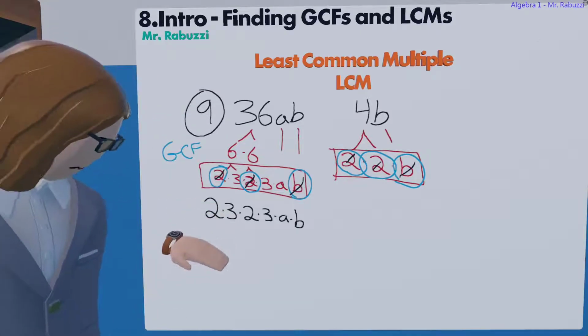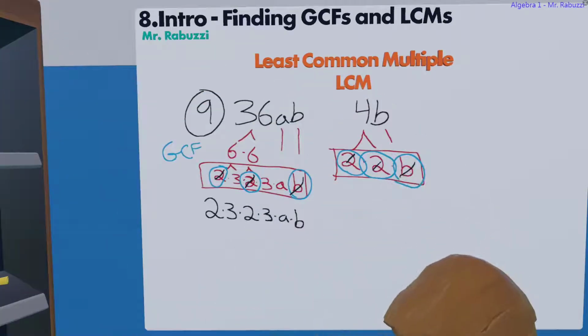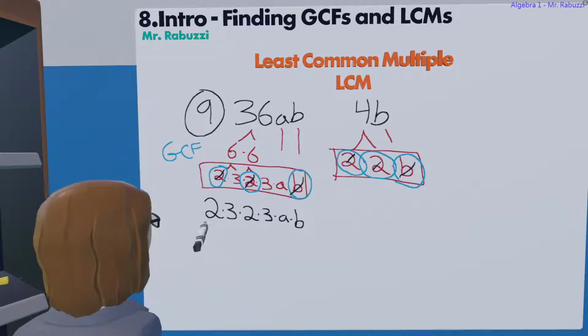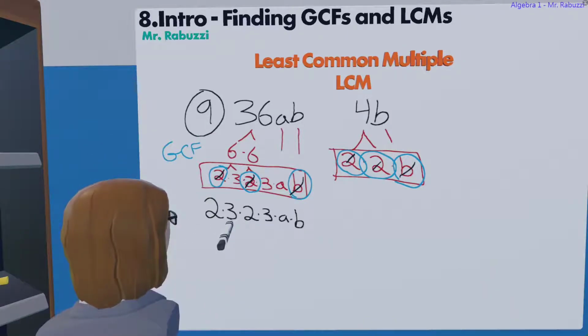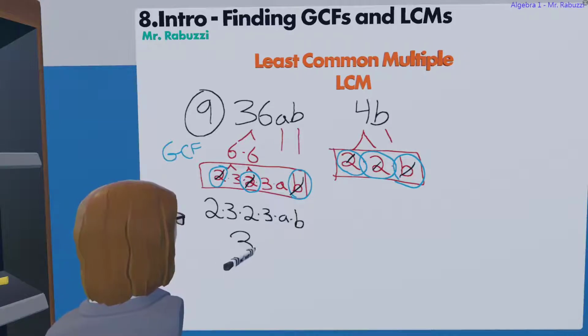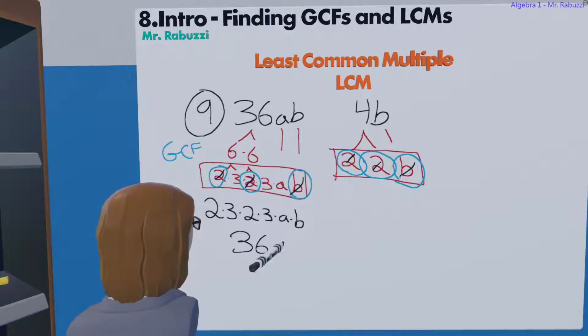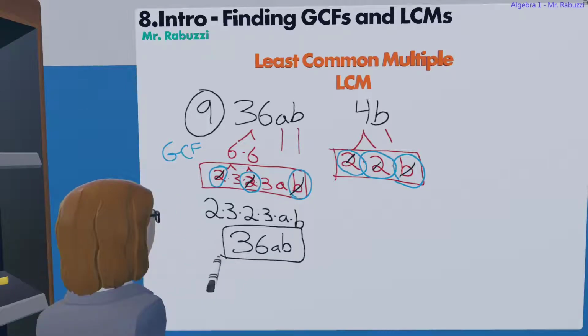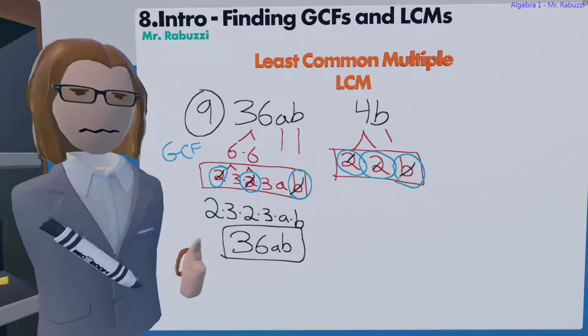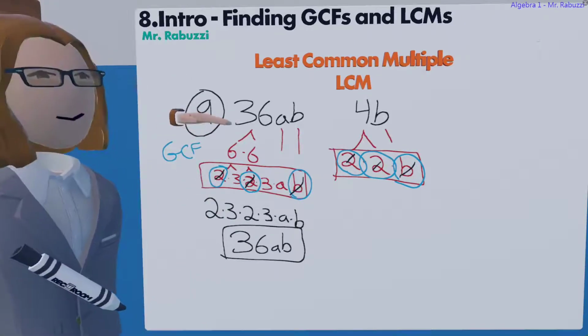Okay, now we just put it back together. 2 times 3 is 6, times 2 is 12, times 3 is 36, AB. Oh, interesting. So sometimes your least common multiple can be the bigger number, right?